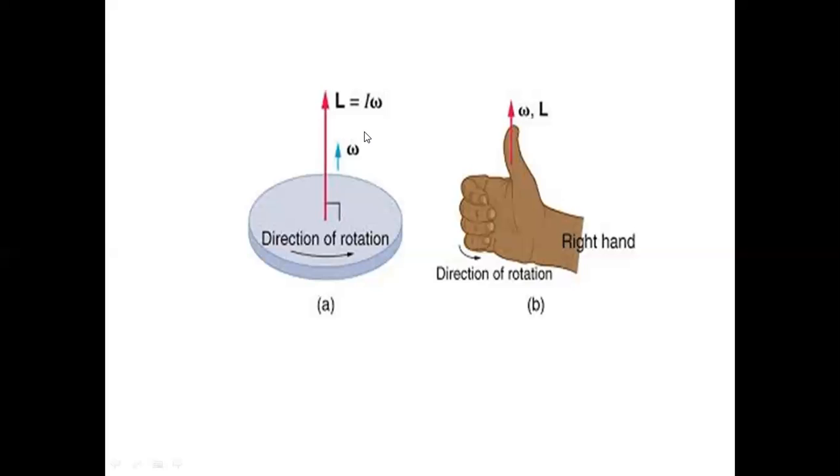Then the curled fingers will be showing the direction of the active gyroscopic couple. To counteract this active gyroscopic couple, the rotating disc will try to rotate its spin axis in a direction opposite to the active gyroscopic couple, and that is called the reactive gyroscopic couple.